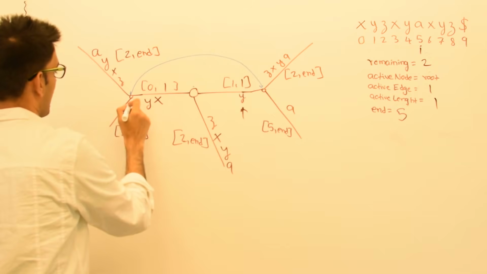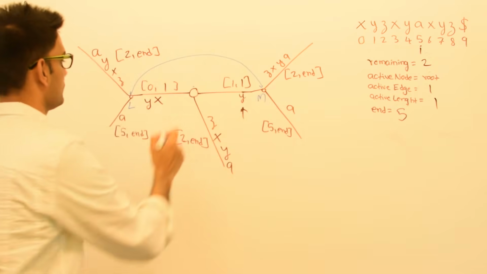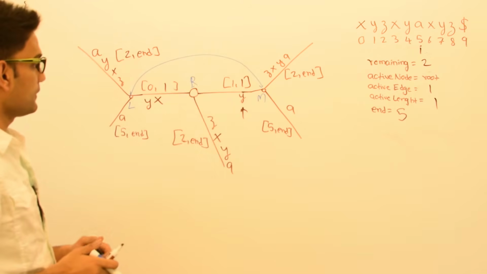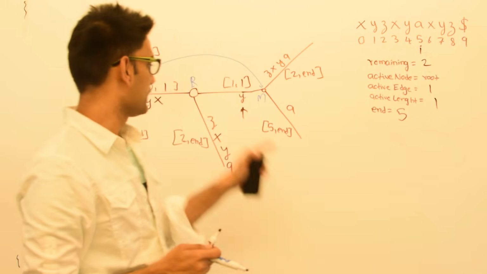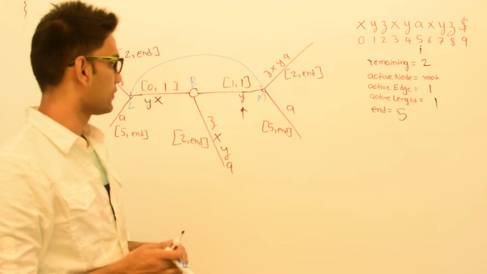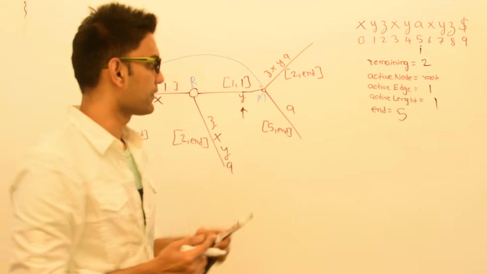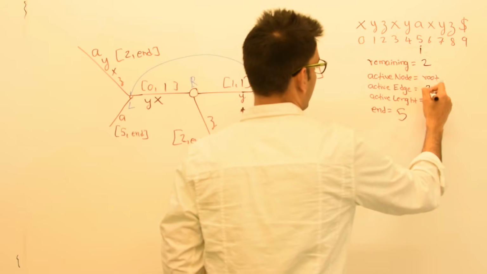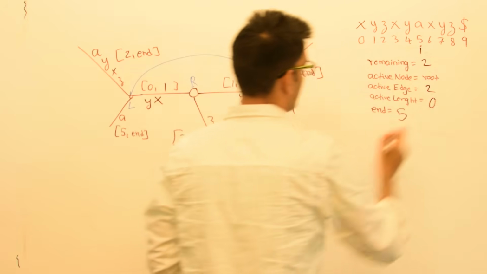Let's call it capital L and let's call this internal node capital M, and this is root R. Then we check, at this point our active length is still not 0. Since our active node is root, we increment our active edge by 1, so active edge becomes 2, and we decrement our active length by 1, so active length becomes 0.